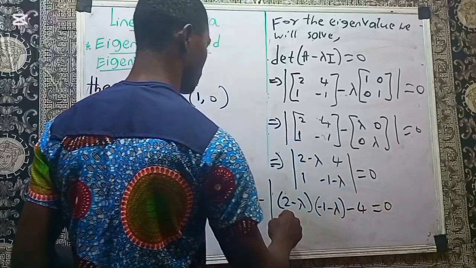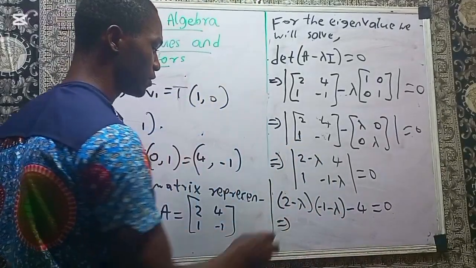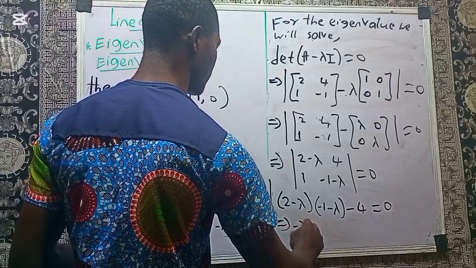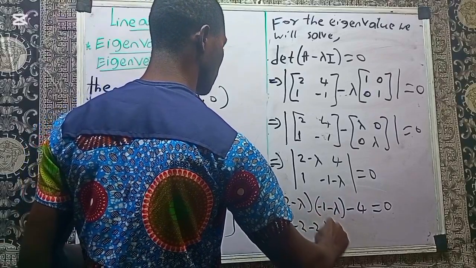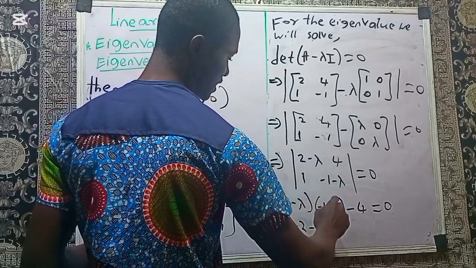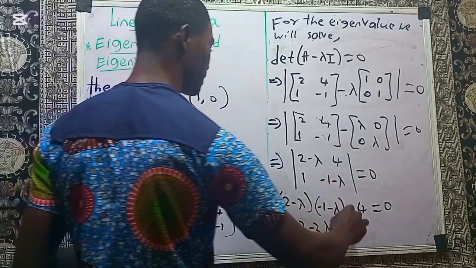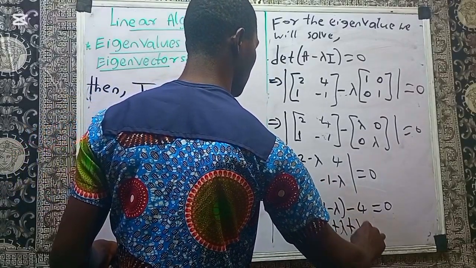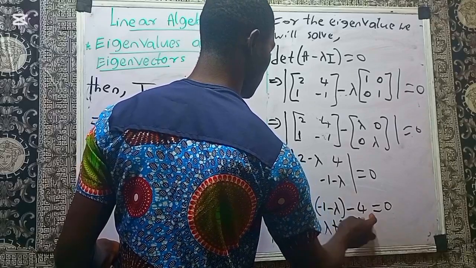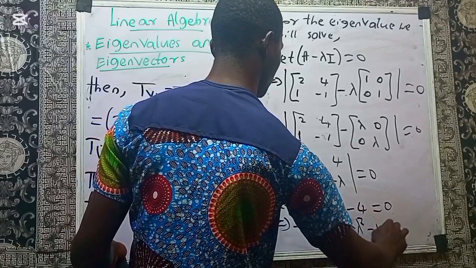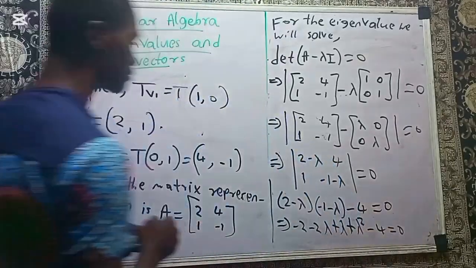Then equated to 0. Then next thing, you expand, right? 2 multiplied by negative 1 is negative 2. 2 multiplied by negative lambda is negative 2 lambda. Negative lambda multiplied by negative 1 is positive lambda. Negative lambda multiplied by negative lambda is positive lambda squared. Then we have minus 4 equated to 0.